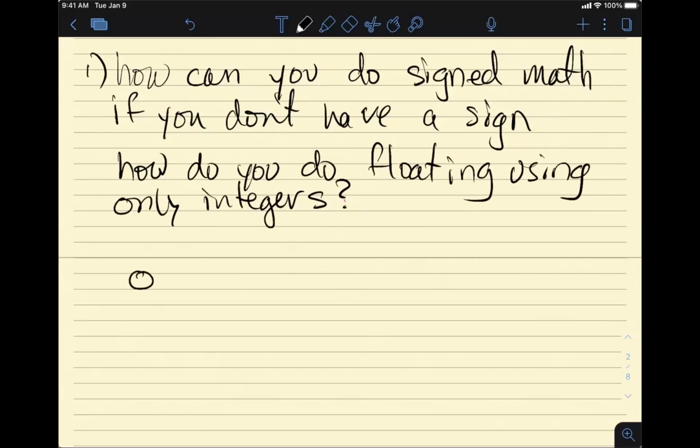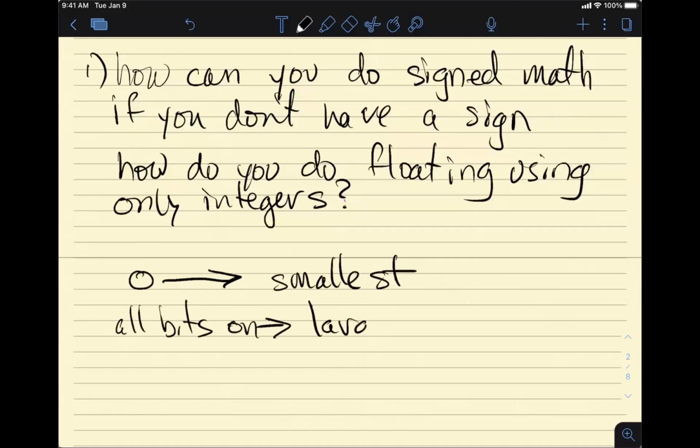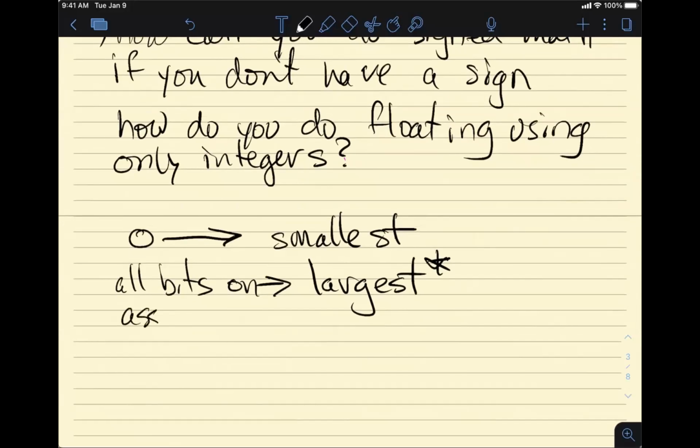So you map 0 to the smallest number, and you map all bits on to the largest number, and I'm going to put a star next to that, and you assign the middle number to the role of 0.